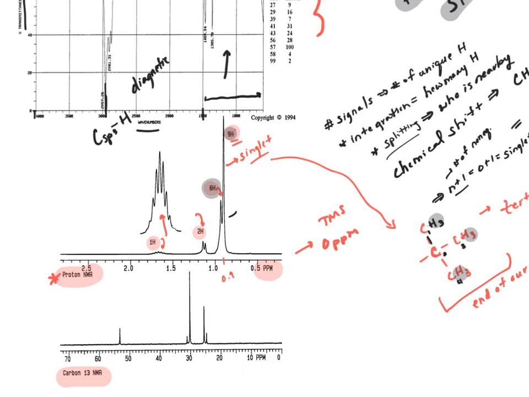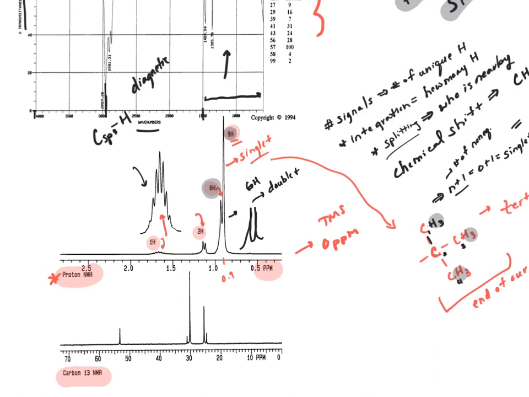This essentially is a doublet, and that second part of the doublet is lying underneath that 9 proton singlet, so that's why we can't see it. Most importantly, this is a doublet. And the reason why I know it's a doublet is because it integrates to 6 protons, right? Most importantly, though, we have this thing out here that's also telling me that this is a 6 proton doublet, right? Well, what is this?